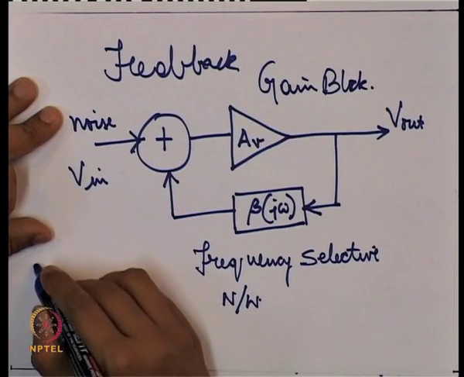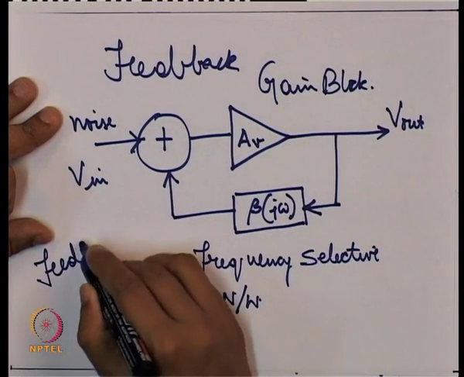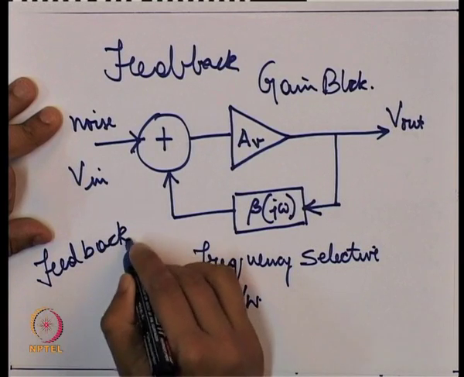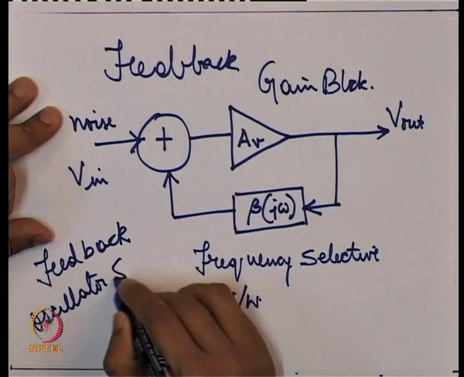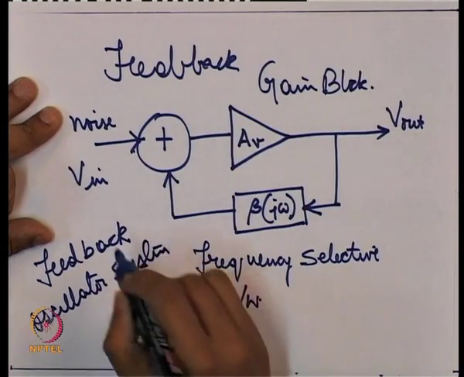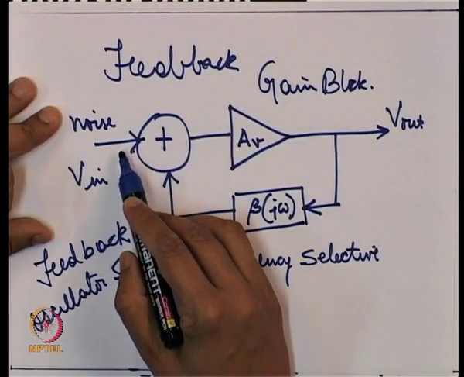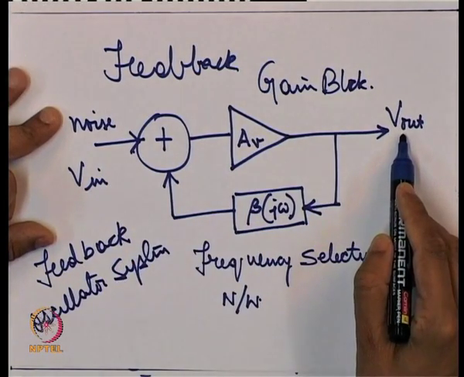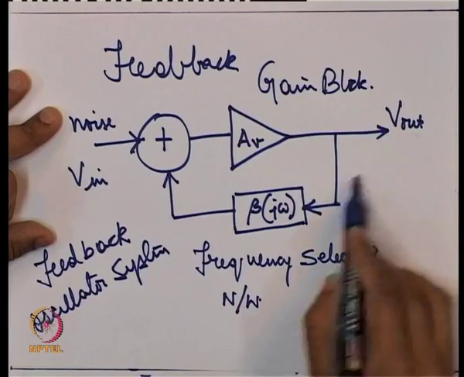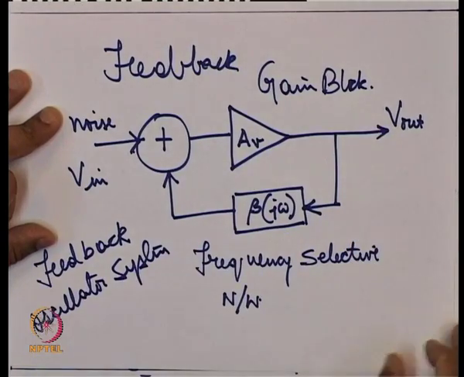So this is what we call a feedback oscillator system. In this system, even if there is no input, or if there is just a disturbance at the beginning, then an output V out will be produced, which is self-sustaining.